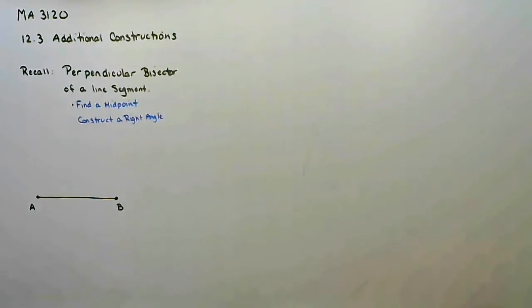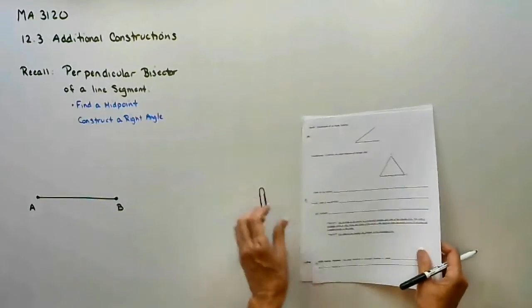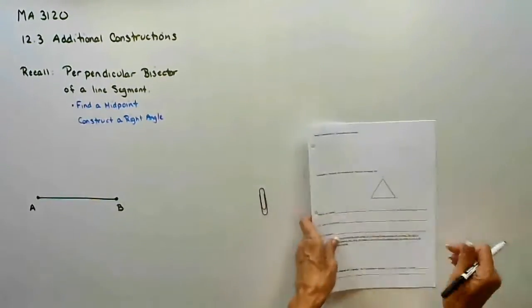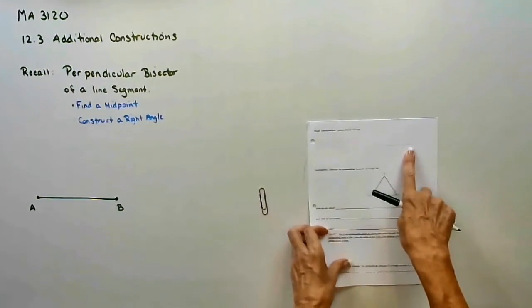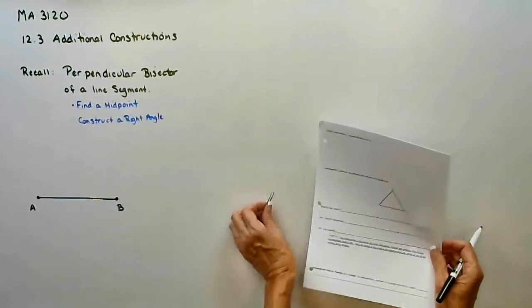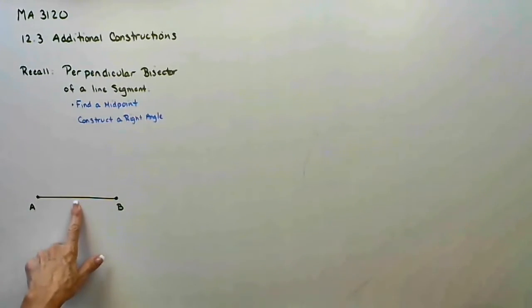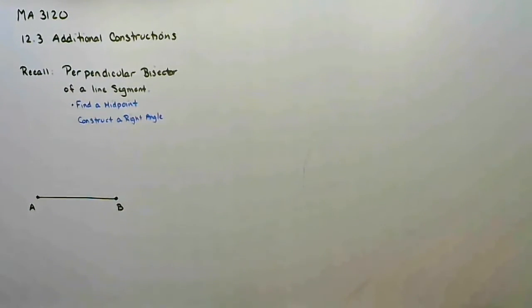Hang on, let me turn the page on what you guys have. Oh, I didn't label it. So if you choose to, I just chose to call it AB. You don't have to. Our goal is to find the midpoint. If I want to find the midpoint, I'm going to construct a perpendicular bisector.